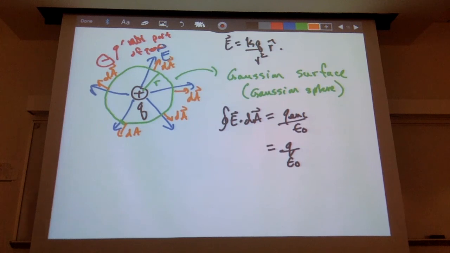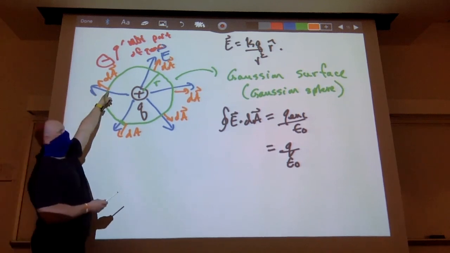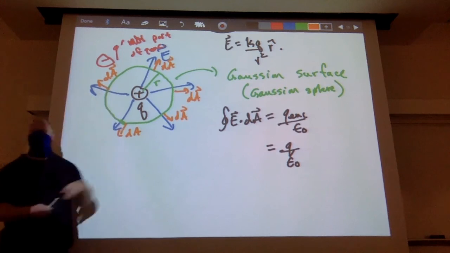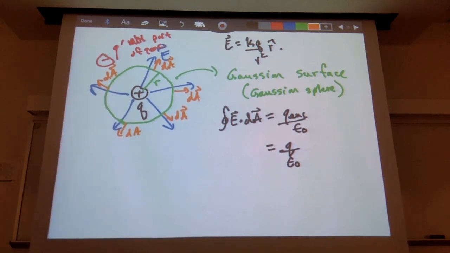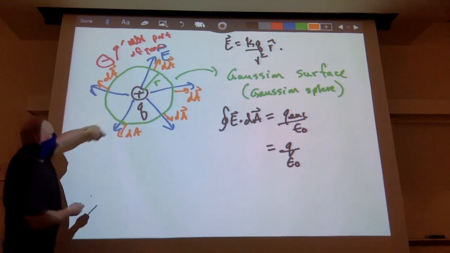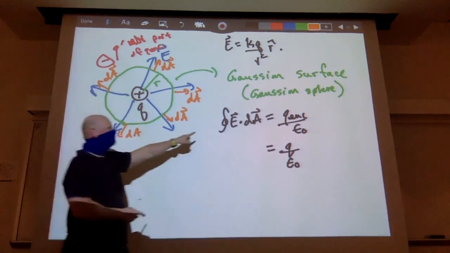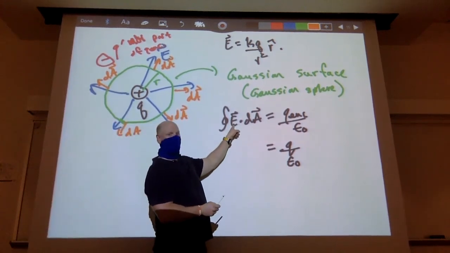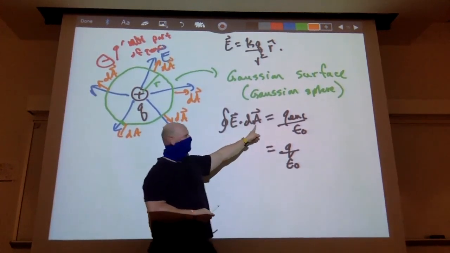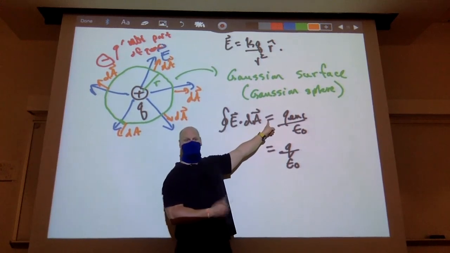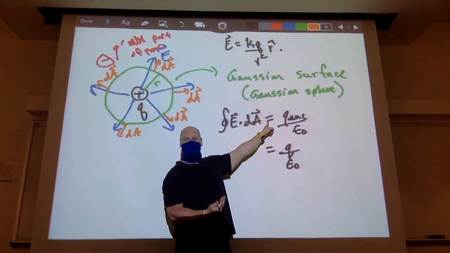E points radially outward, dA also points radially outward, so the angle between the two is 0, and the cosine of the angle is simply 1. So the dot product becomes E magnitude times dA magnitude times cosine of the angle, which is 1.